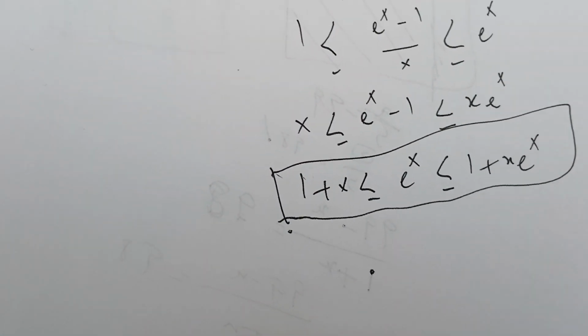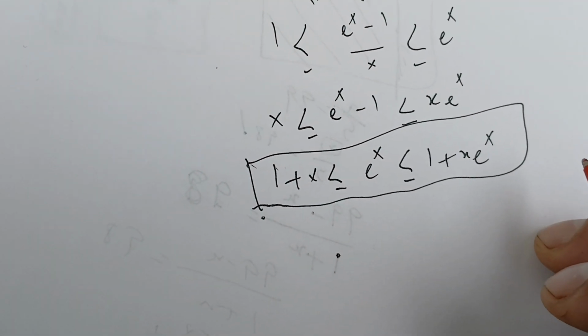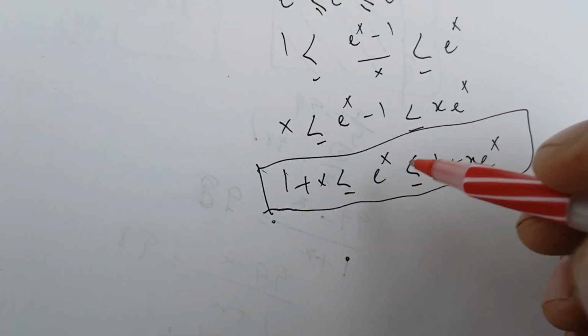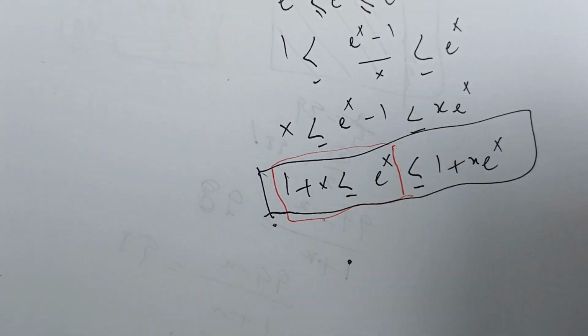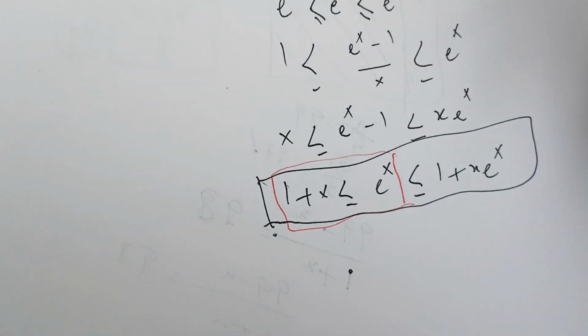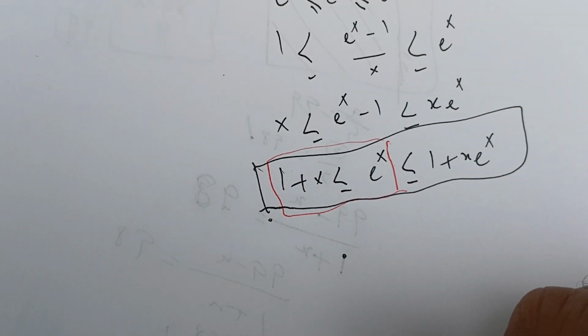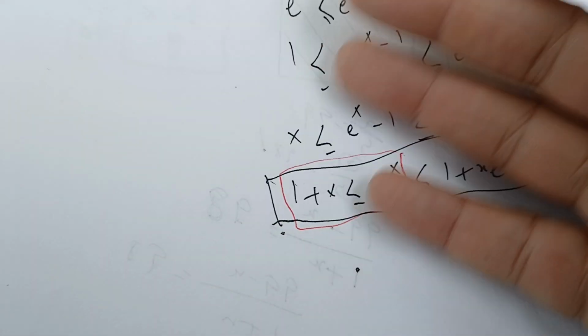Notice that we get two results, but the one that we need is this one. Most of the time when you do the mean value theorem, you get something extra. What does this one mean?